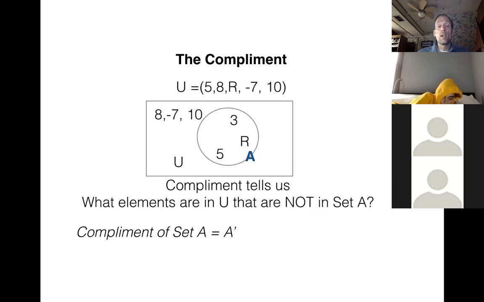So we abbreviate complement, first of all, by writing A with an apostrophe. If somebody puts an apostrophe, that means they're trying to start talking about the complement. Now, if you Google anything about set theory, and I know you're going to Google like all the homework and probably other things too, you might see A with a superscript C. Some people call a complement A superscript C, just because when you write a math book, you have to make yours different than everybody else's.